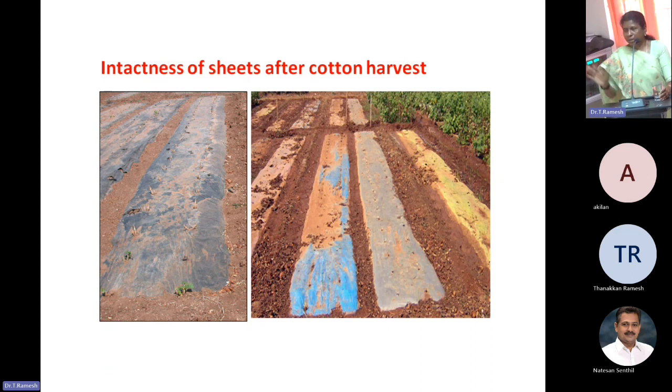So weed problem also is not there. After cotton, to our surprise the seeds are intact. So why waste this sheet instead of removing it? Let us introduce one more crop, so we thought. We made holes 5 centimeter apart, with an iron pipe of 2.5 centimeter.